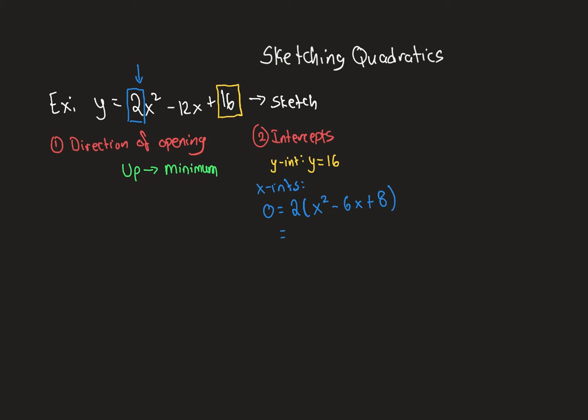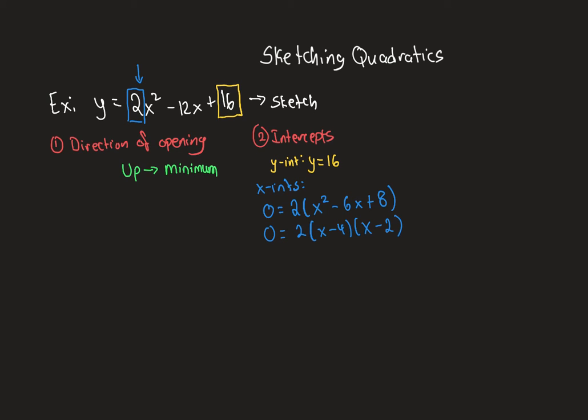And then I know that I can factor this out into x minus 4 and x minus 2. Negative 4 times negative 2 will give me positive 8, and if I add them together, I'll get negative 6.